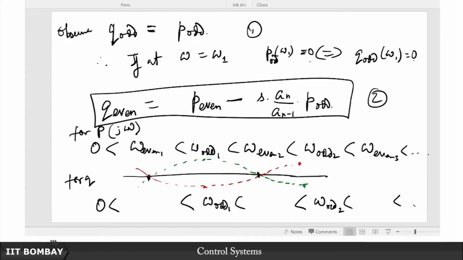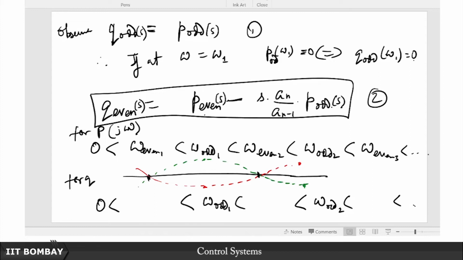Now of course, by an inverse relationship, if someone asked us to write down the P even and P odd in terms of Q even and Q odd, that also we can do. Of course the first expression would be the same, we will just make P odd the subject of the formula and write P odd is equal to Q odd.